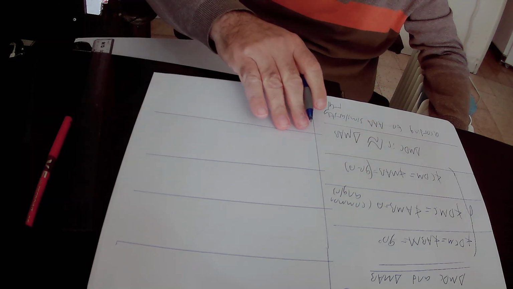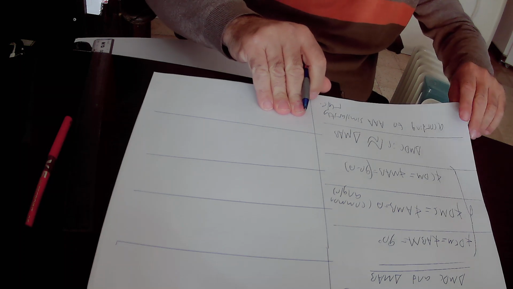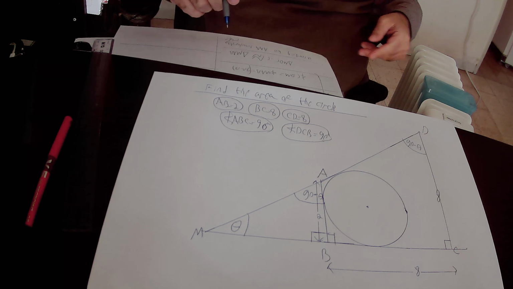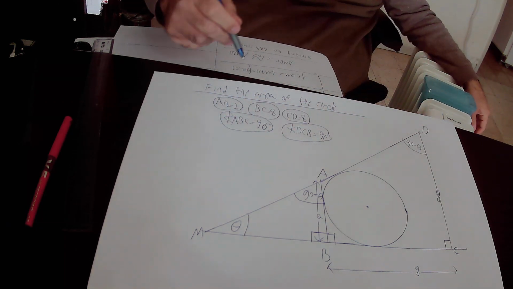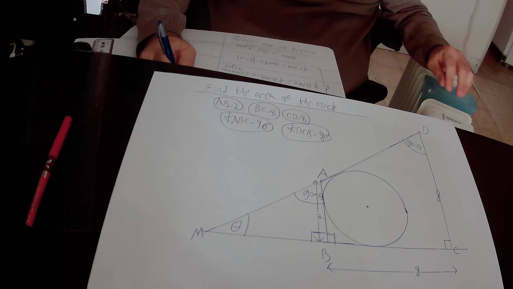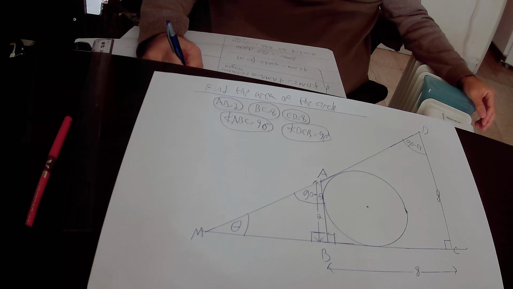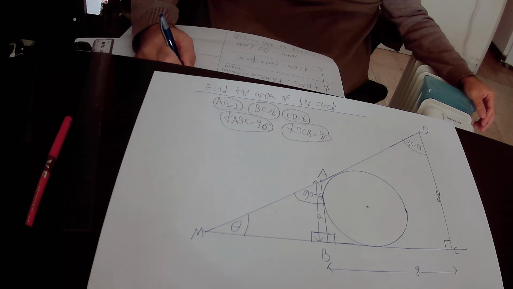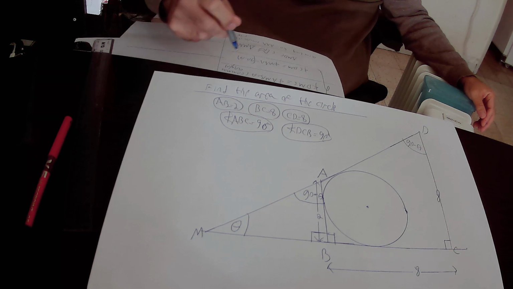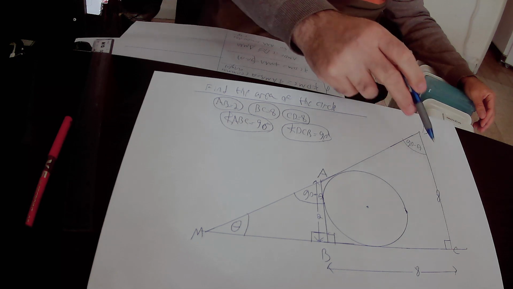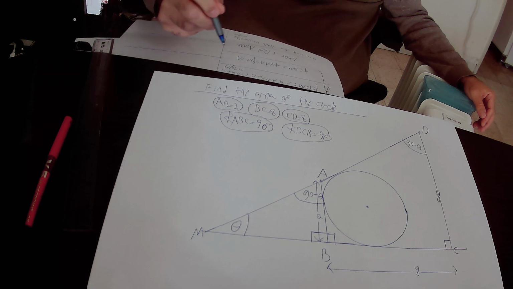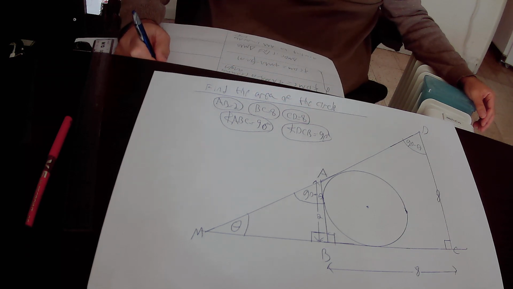From the fact that the two right triangles are similar to each other, we conclude that the following relationship exists between their sides. We conclude that MC in the big triangle over MB in the small triangle is equal to DC in the big triangle over AB in the small triangle.